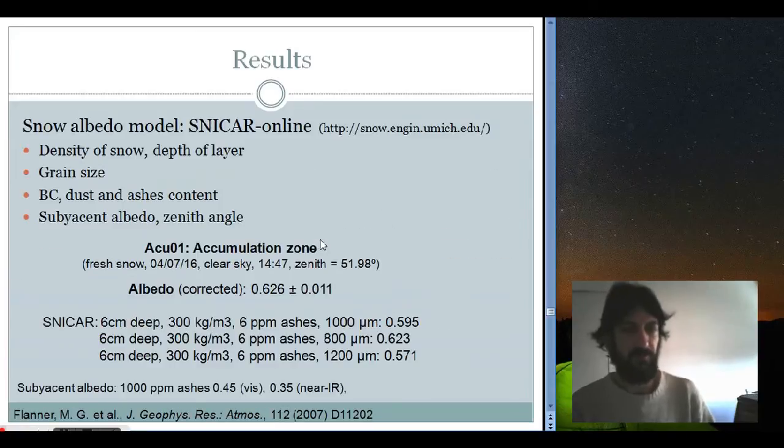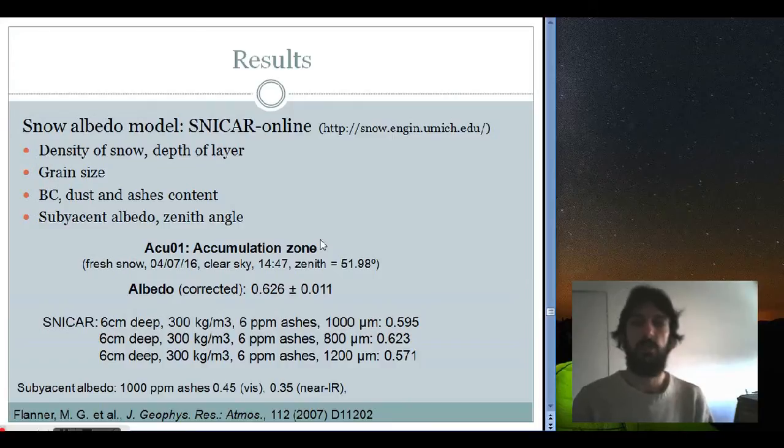So how do these measurements compare with model albedo of snow? So far we have only compared with the SNICAR online model. It's a widely used model for climate models, and there is a simpler online version that you can use.